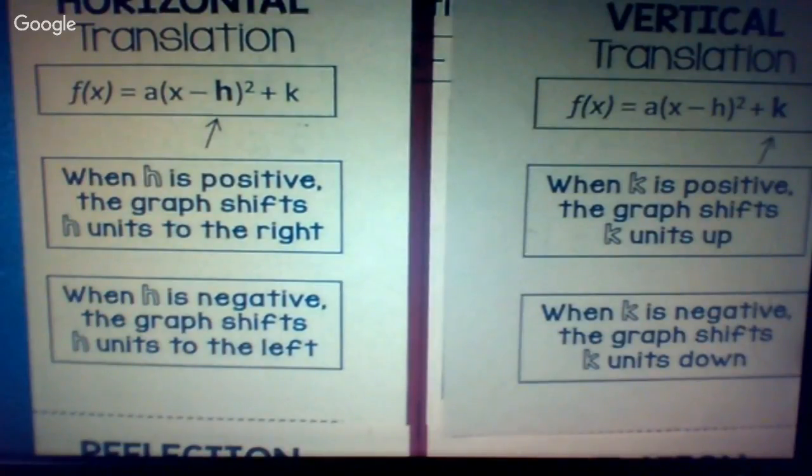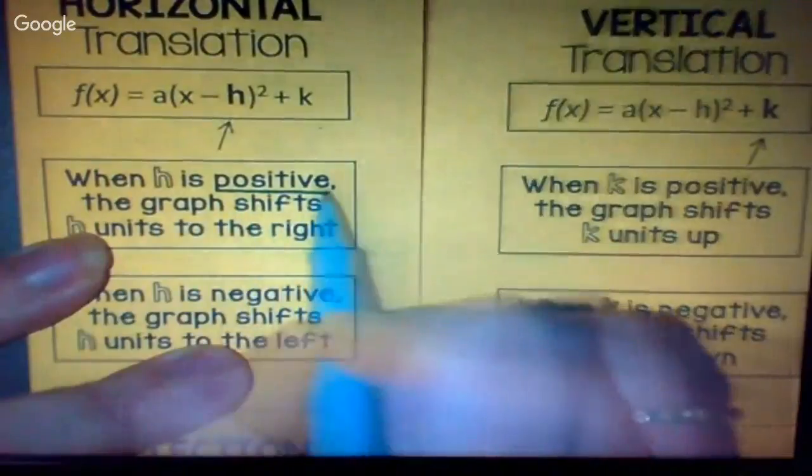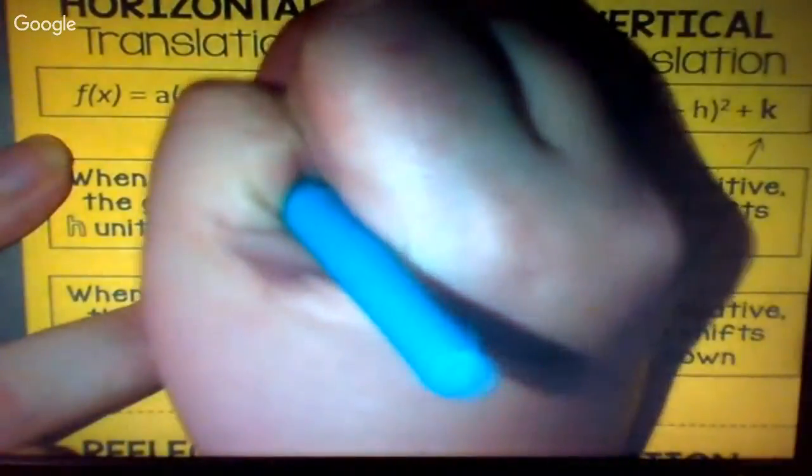We have a horizontal translation. What everybody forgets is the fact that when it's inside the parentheses, it is opposite. So what I mean by that, this is x minus h here.